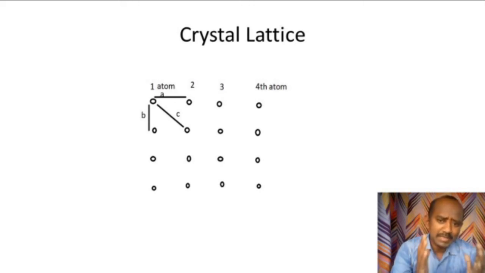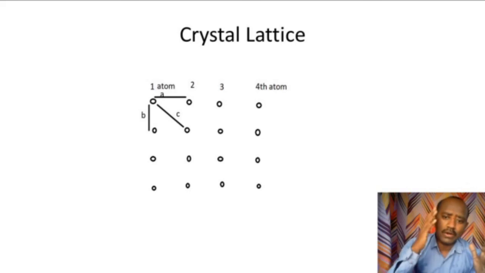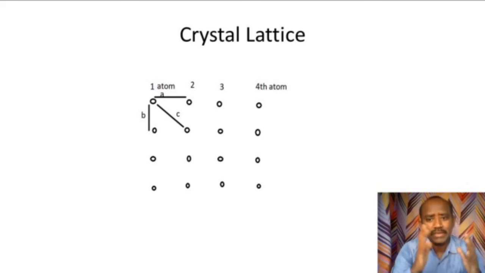The same distance should not hold in any other direction. Along the vertical direction, the distance between two particles is B, and along the diagonal direction it is C. So A is not equal to B, and B is not equal to C, but along the horizontal direction, or the vertical direction, or the diagonal, the distance between the two atoms will be the same.